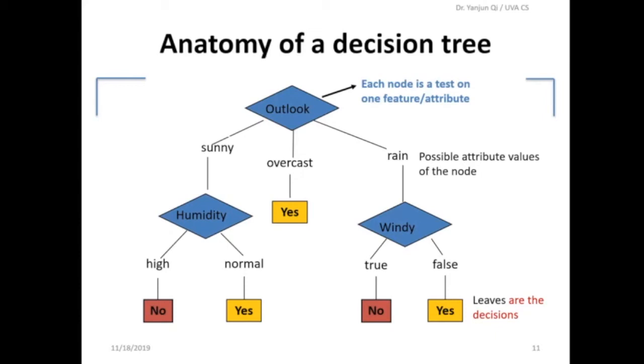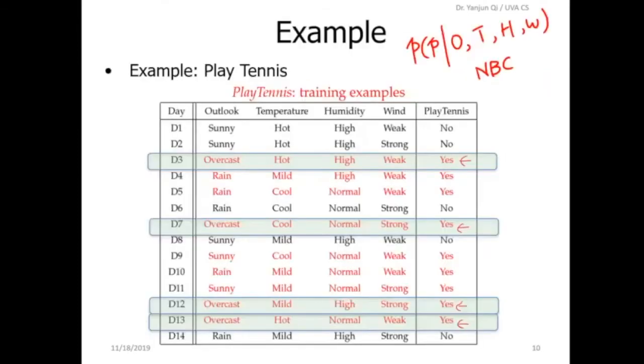So in this decision node, we normally will write how many positive samples are here, how many negative samples are here. What I mean by positive versus negative is my Y decision. So in this case, if the outlook equals overcast, there are totally 4 yes and 0 no, right?